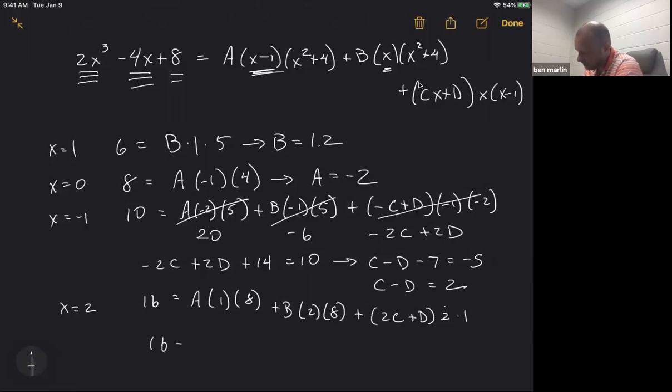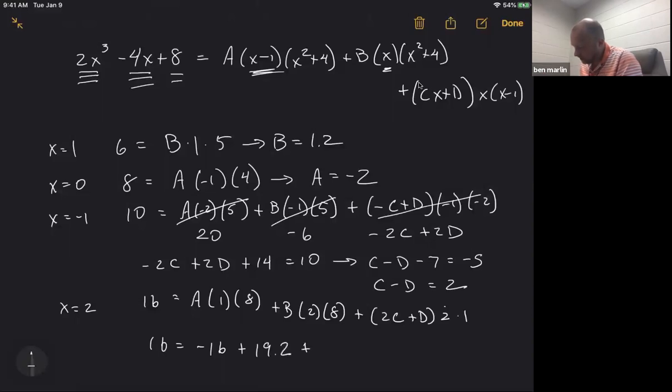So 16 equals 8a, but a was equal to negative 2, so it's negative 16 plus 16b, but b was 1.2. Oh, crap. I hate to disillusion you, but I'm going to actually have to grab a calculator to say 16 times 1.2 is 19.2.